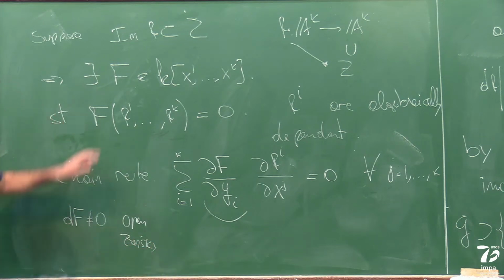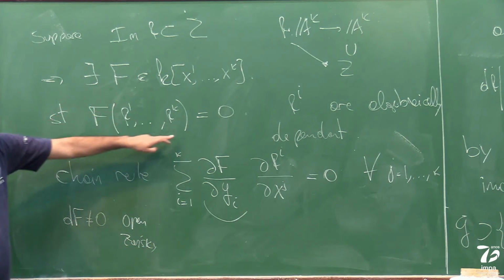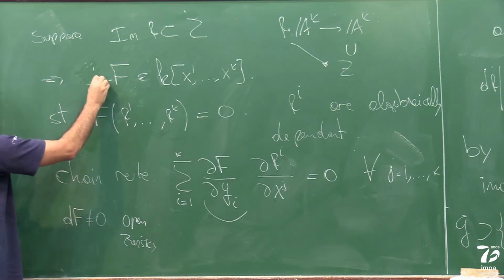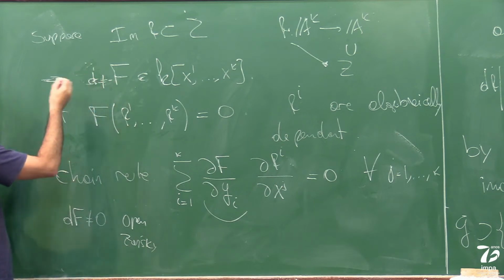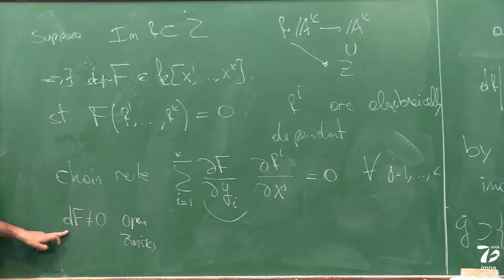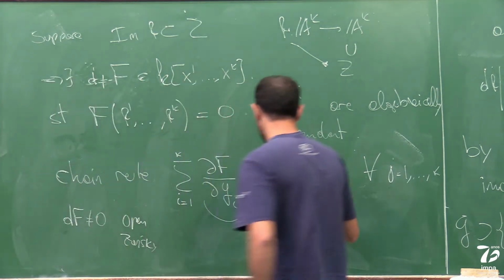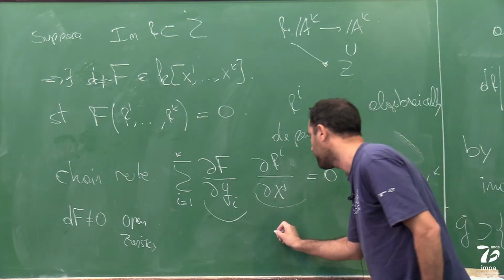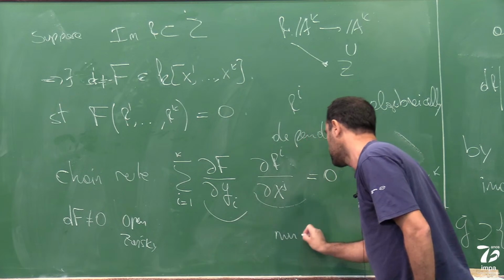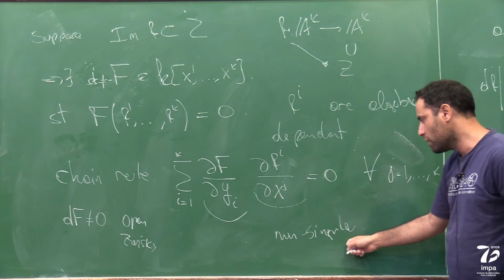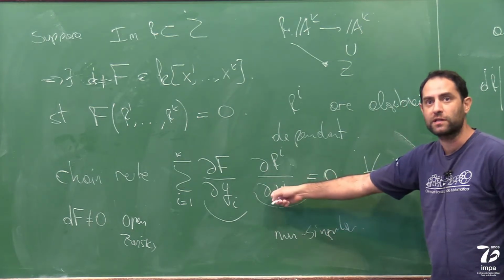If I am assuming that f is a non-trivial, non-constant polynomial equation, then this is a non-empty Zariski open set. I'm also going to look at the open where F is non-singular. Well, this is the non-zero values of the determinant of this matrix, so that's a Zariski open.